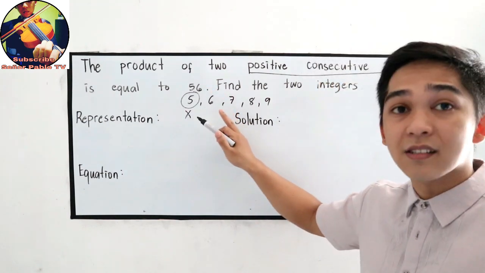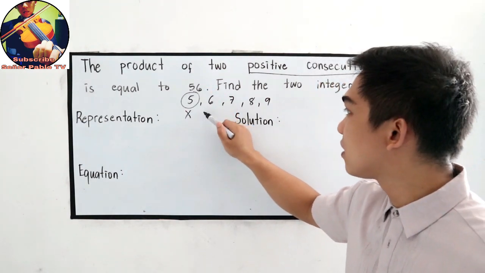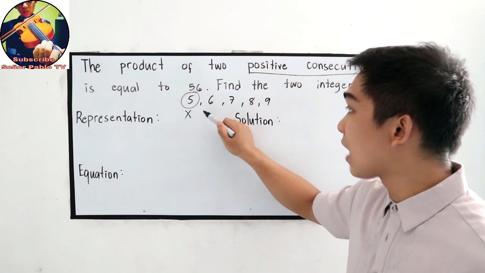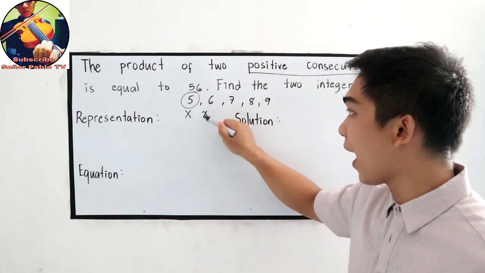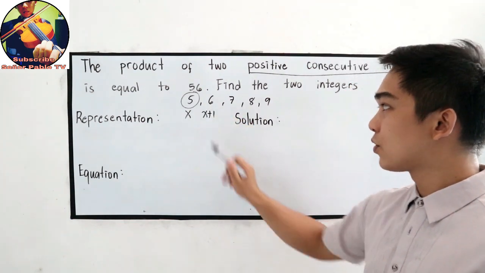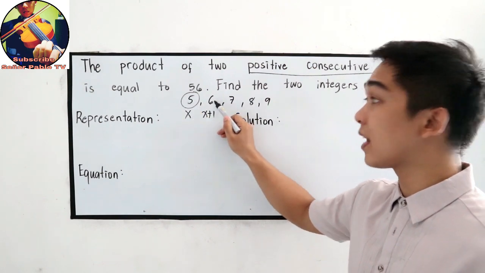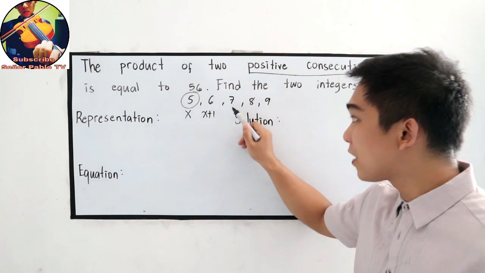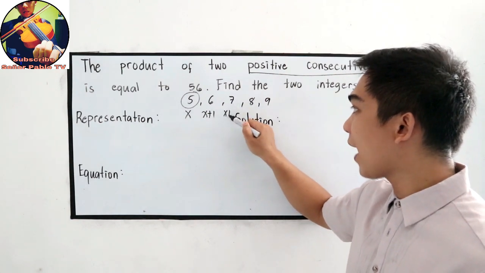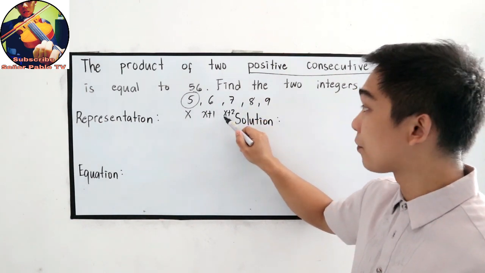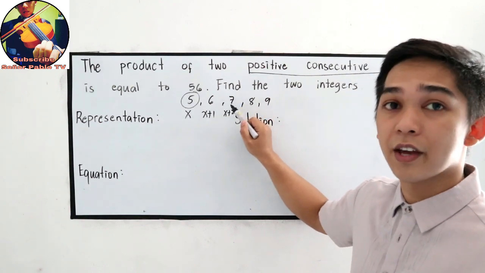To find the next term, we just need to add 1. So in our representation, that is equal to x plus 1. So if x is 5, therefore 5 plus 1, that is 6. To find the next term, that is x plus 2. So 5 plus 2, which is 7.